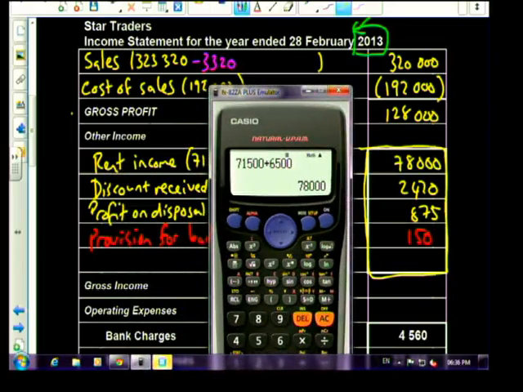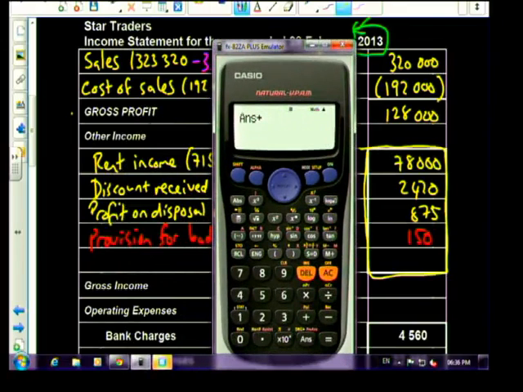So I'll add the 78,000, which I've already got, plus my 2,420, plus my 875, plus my 150, and that gives me my total operating income of 81,445, which I'll write here. Then to calculate gross income, I have to add those two together, so plus 128,000 gives me my gross income of 209,445.